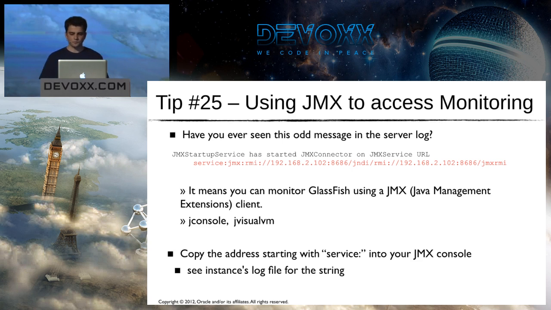Okay, so I've shown you how to use the CLI to get the monitoring data, but you can also use a JMX client. The tip here is that you might not know what string to use for connecting to your GlassFish using your JMX client. You can find this string in the server log, whenever the server is started and ready.